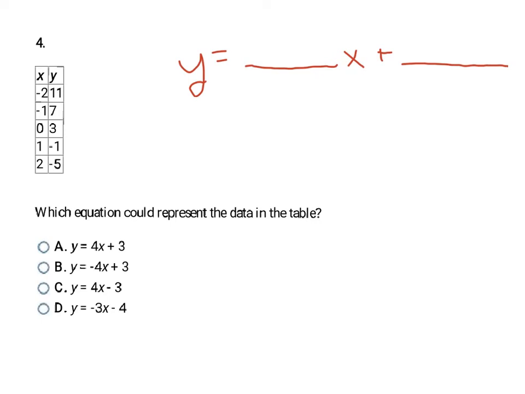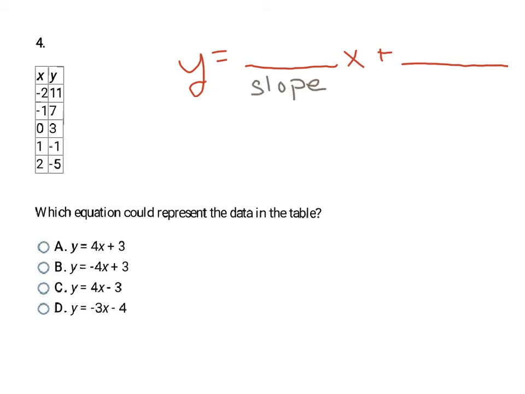Now we're going to be looking at linear equations, and linear equations are very similar to the word problem equations, but only now we have a y and an x in them. So it's always y equals a number x plus or minus a number. And so this first number is our slope number.